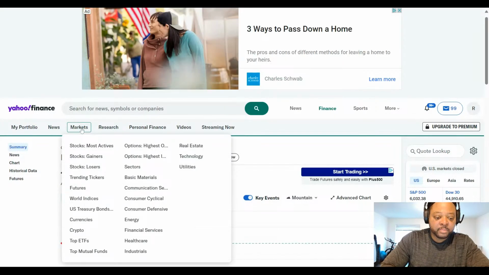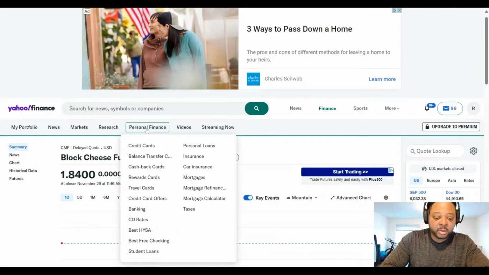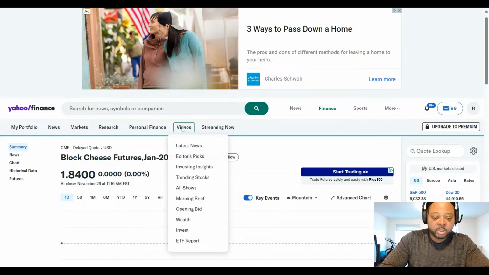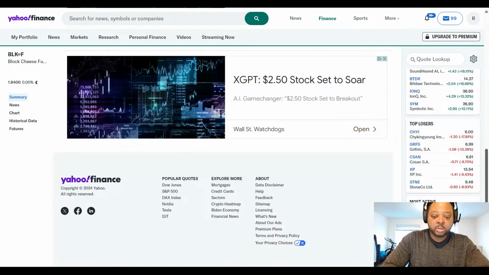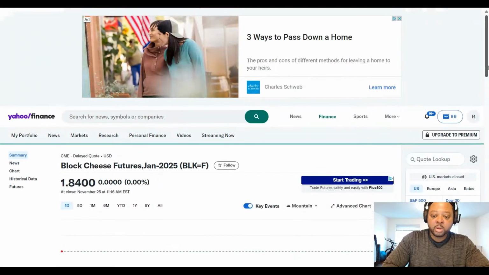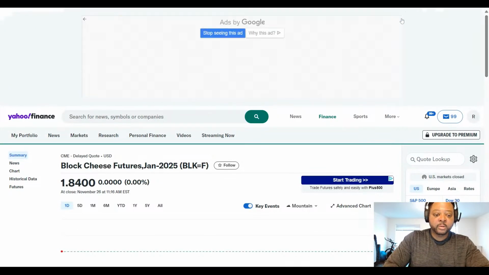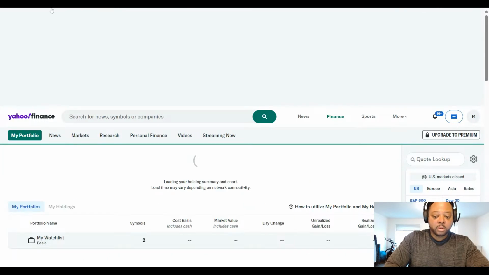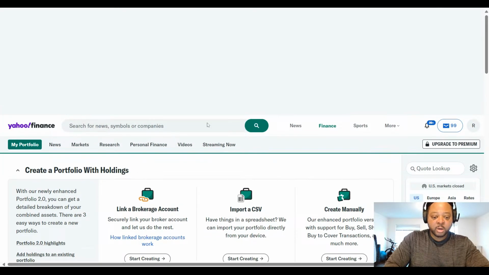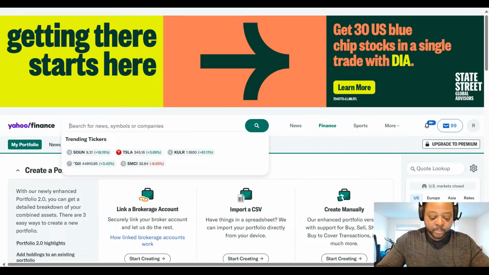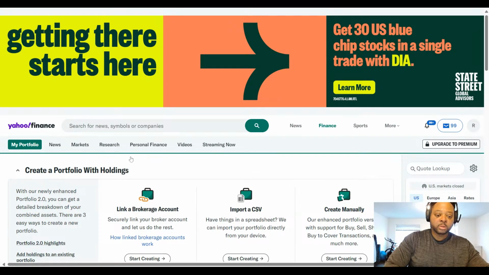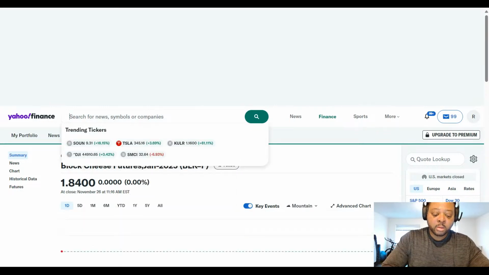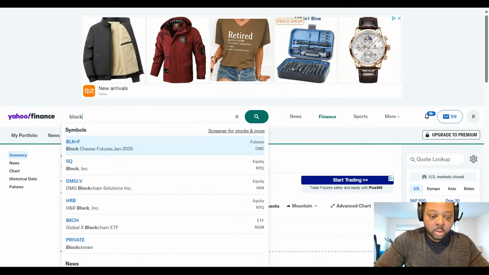Now it's pissing me off, because if they changed something, I didn't know that they changed it. I don't know what Yahoo's going through right now. One second here. They're pissing me off. Man. One second.